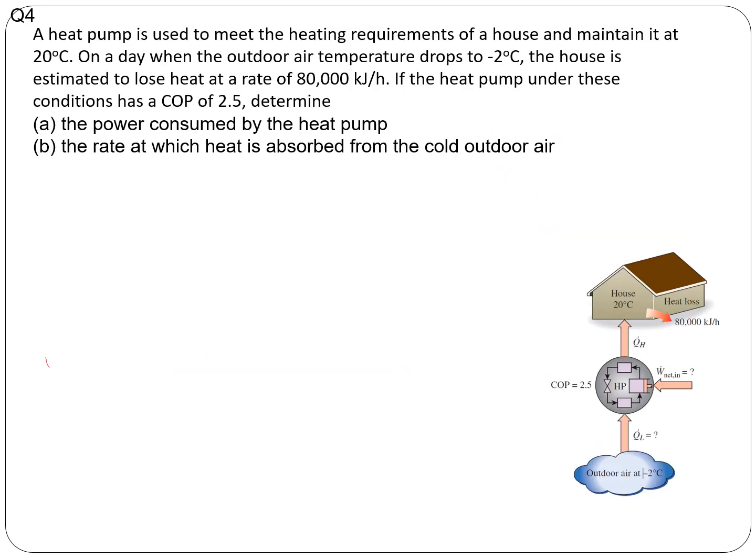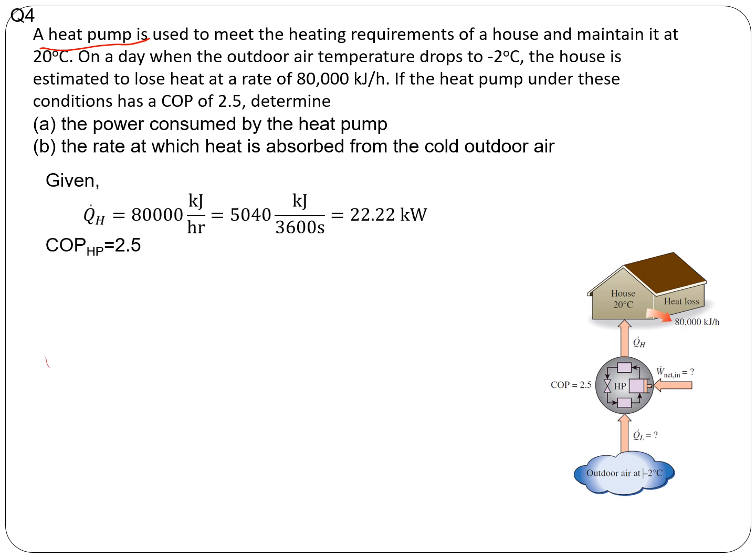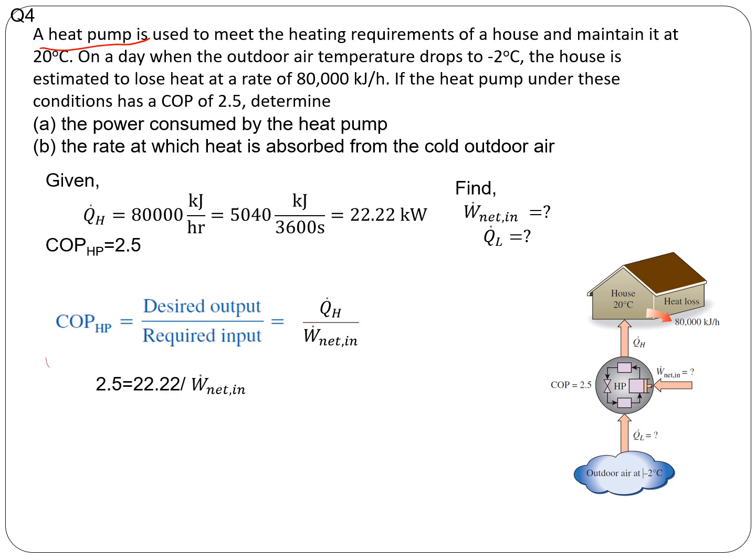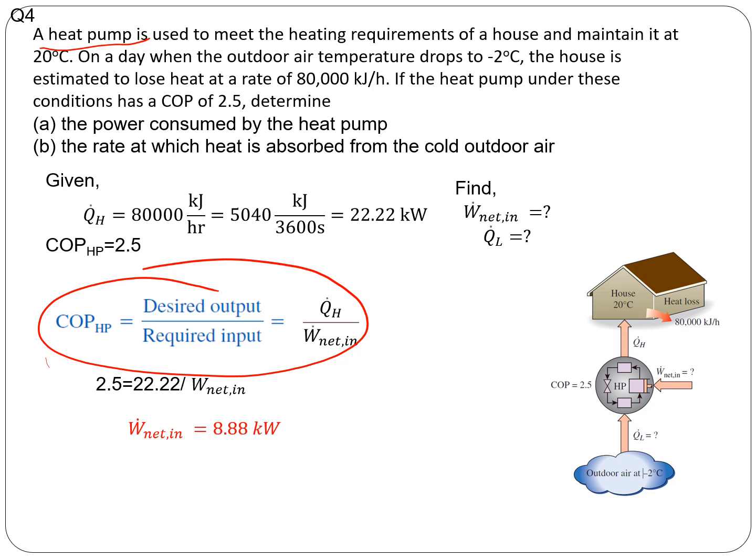Similarly, you can do it for the heat pump as well. And in this case, it doesn't say anything about whether it's a Carnot heat pump. So if that is the case, you cannot use the formula that relates to the temperature. So you can use this formula to find out how much the COP is. All these are problems that we did in the class. I'm just going through it to help you understand which formula to use for a particular purpose.